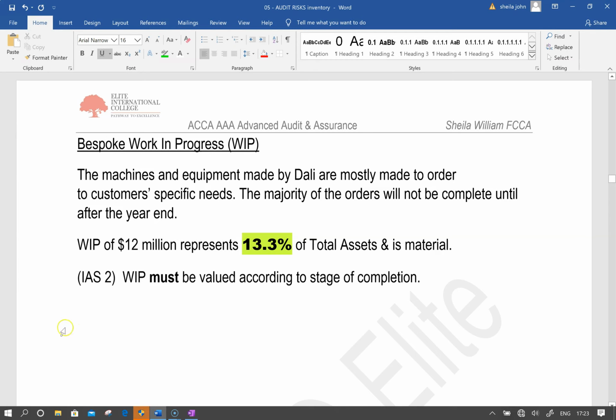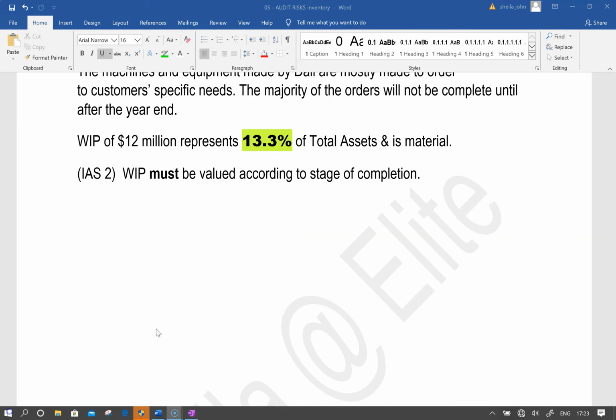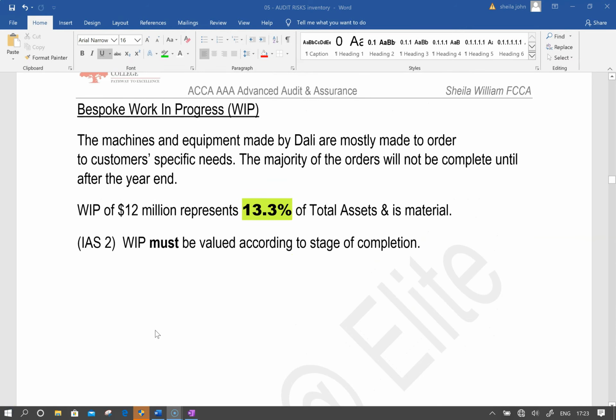All right. Now, what would be the risk? See whether you can try and write it down by yourself. So stop the video, write it down, and then check back. So we're back here. What is the risk down here? The risk down here is that you have got bespoke WIP. Each one is in accordance with a particular customer's needs.